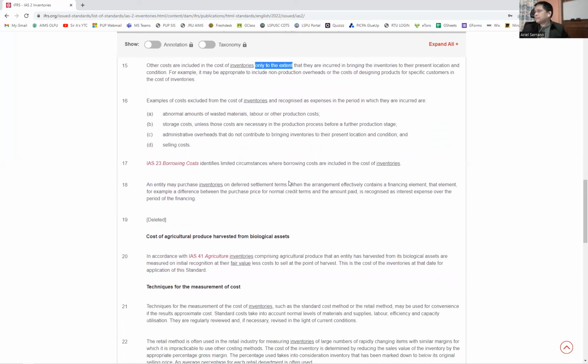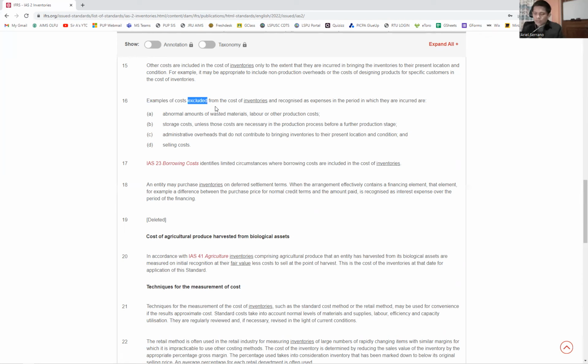Okay, now, what are the examples of costs that will be excluded? Hindi po dapat isinasama. Ito yung paragraph 16. Example of costs excluded. Pag sinabi nating excluded, dapat hindi kayo dyan nalilito, ha? Included versus excluded.